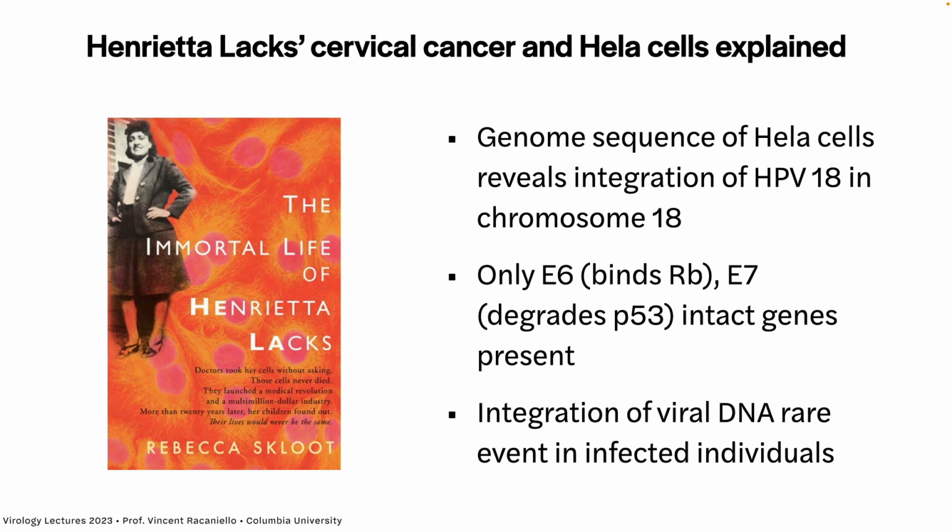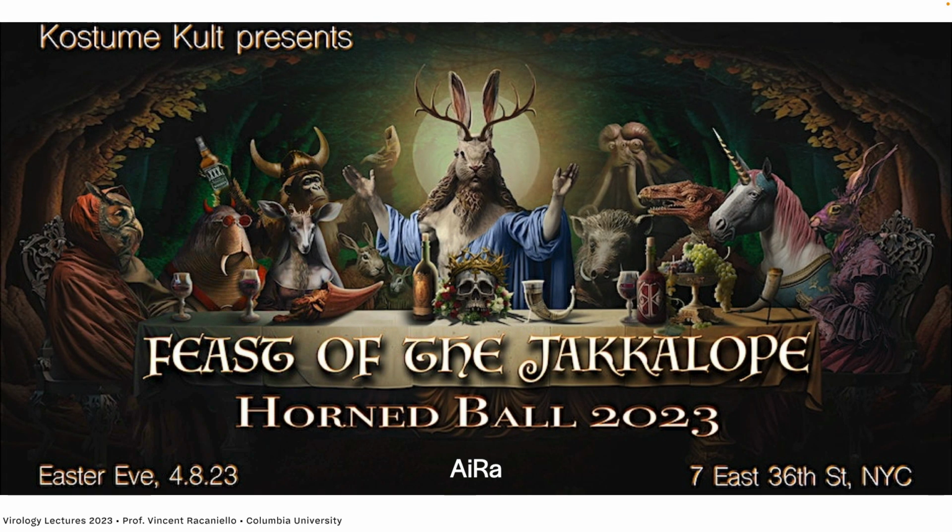So you notice that the name of the cell, HeLa cells, comes from the first 2 letters of the first and the last name. I have a son who is an amateur disc jockey here in the city, and he made his name Ira, because his name is Aiden Racaniello, because many years ago I went to his high school and taught them about HeLa cells, and so he decided to make his DJ name Ira.